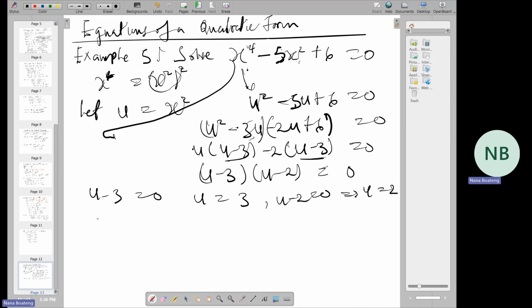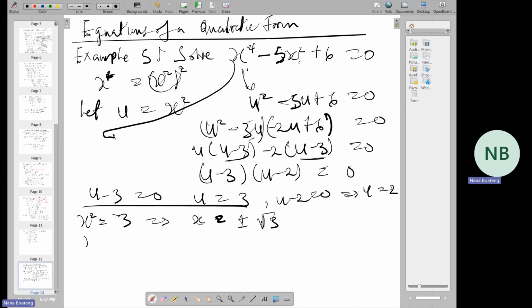So in the first case, we have x squared is equal to 3. So that means x is equal to plus or minus square root of 3.